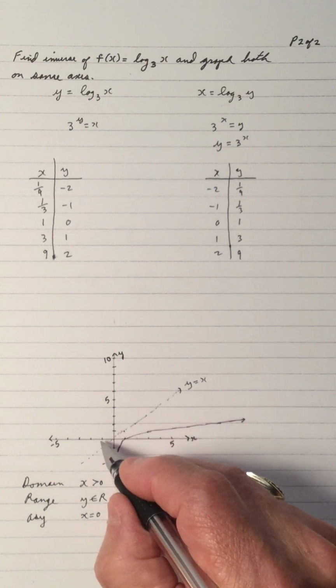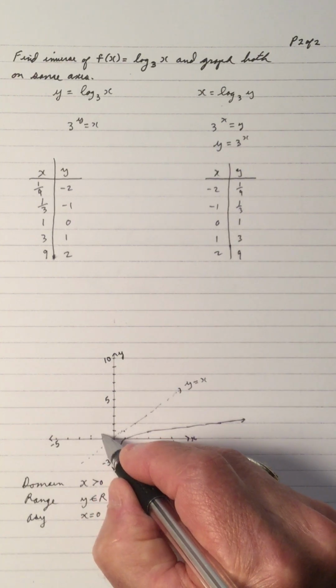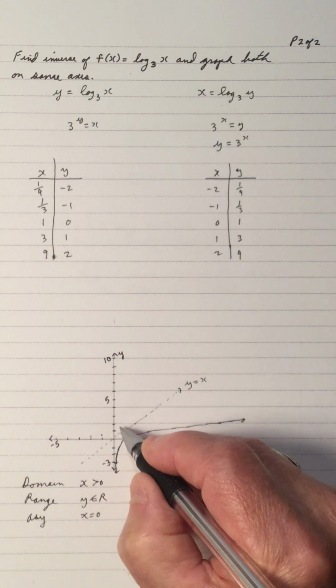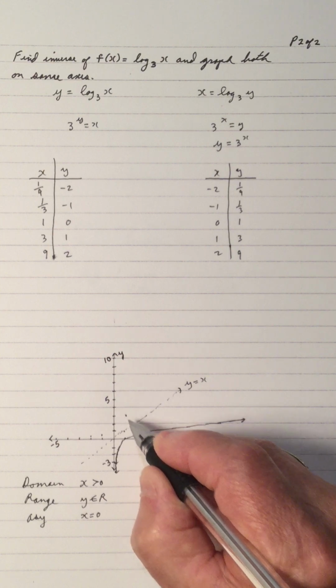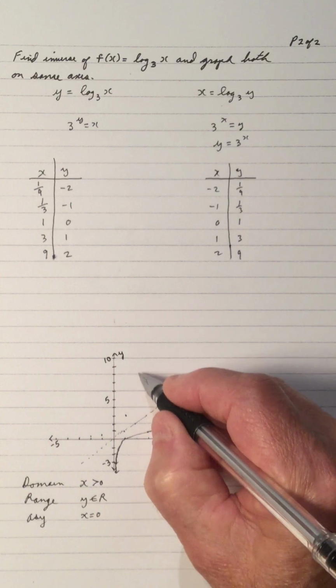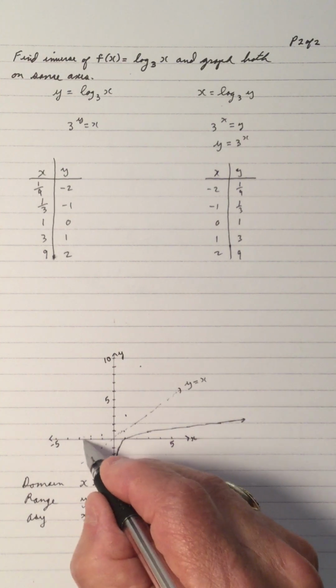When x is -2, y is 1/9. When x is -1, y is 1/3. When x is 0, y is 1. When x is 1, y is 3. And when x is 2, y is 9. So this is the inverse, but it's an exponential.